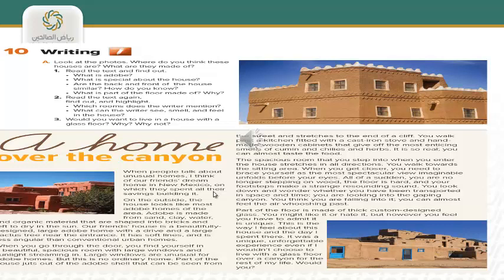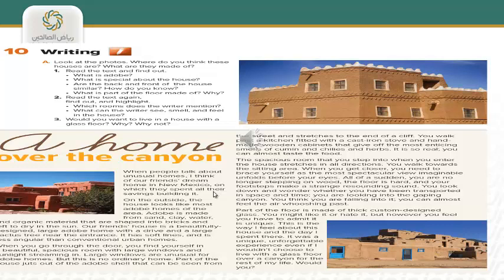Adobe is made from sand, clay, water, and organic material that are shaped into bricks and left to dry in the sun. Our friend's house is a beautifully designed, large adobe home with a drive and a large cactus tree near the entrance.